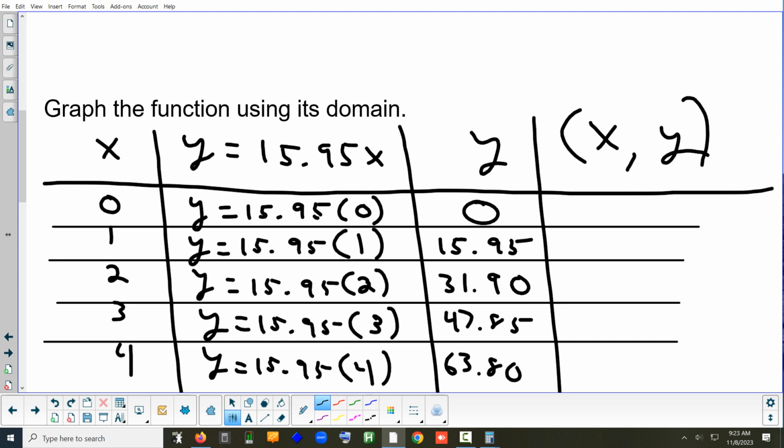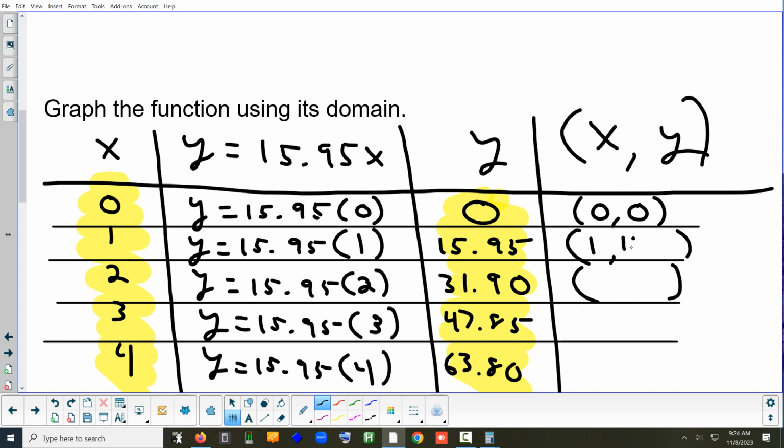Okay, so now we're just going to take what we have in the X column and what we have in the Y column and put them together to make a coordinate. So what's going to be my coordinate for the first row? Yeah. 0, 0. Yep. So 0, 0. Evelyn, what's going to be my coordinate for the second row? 1, then 15.95.